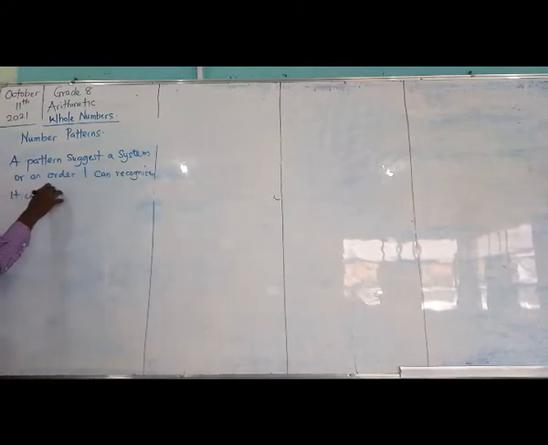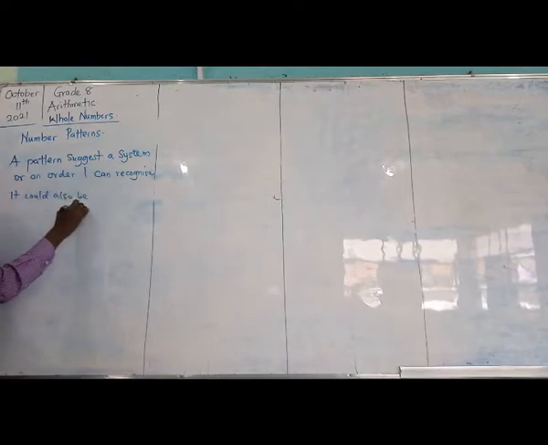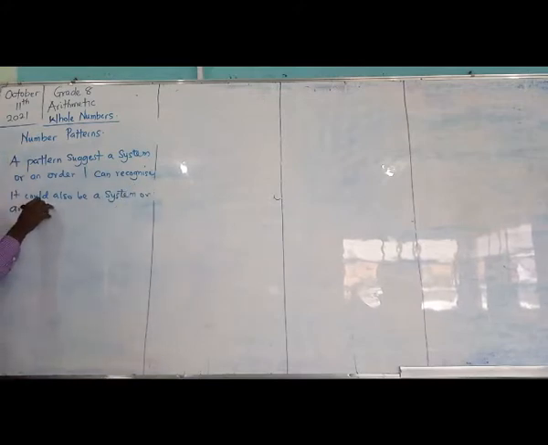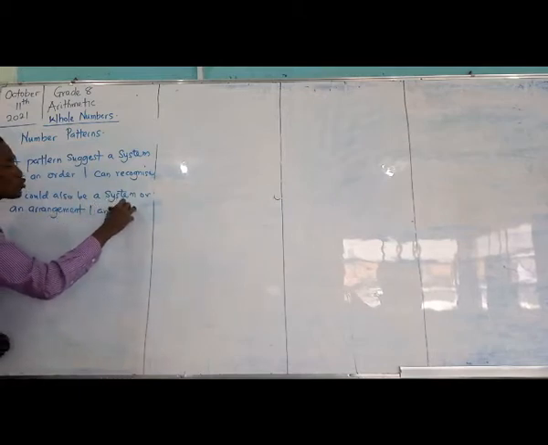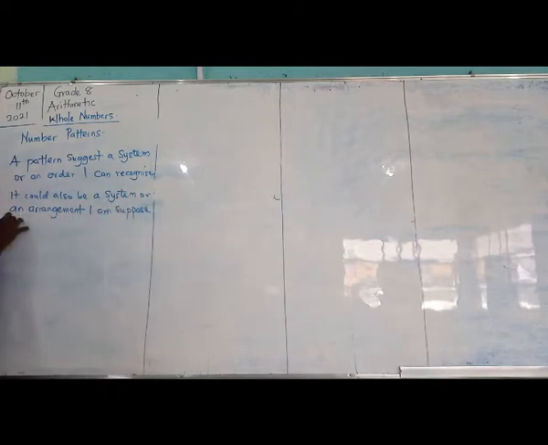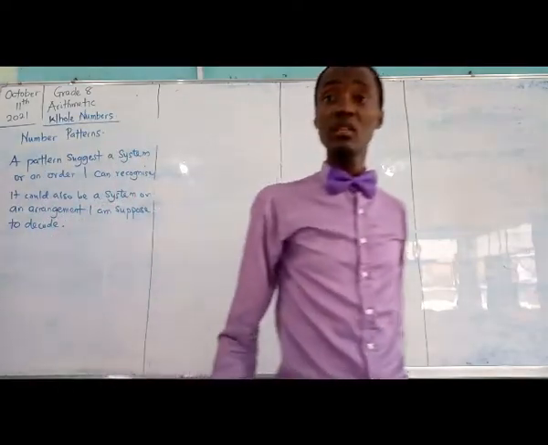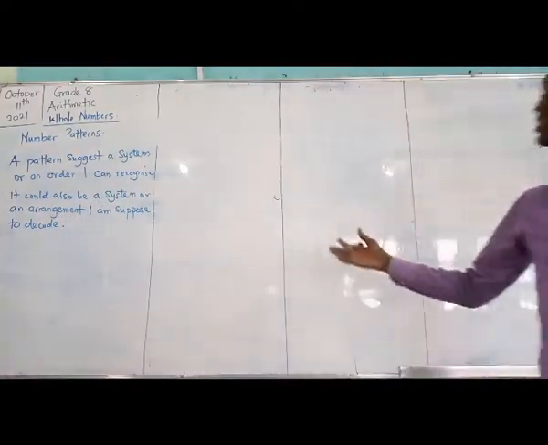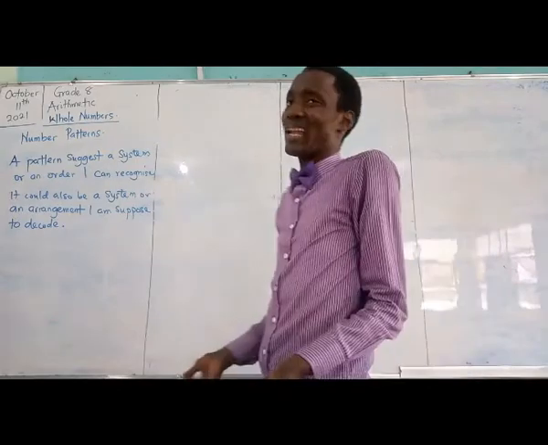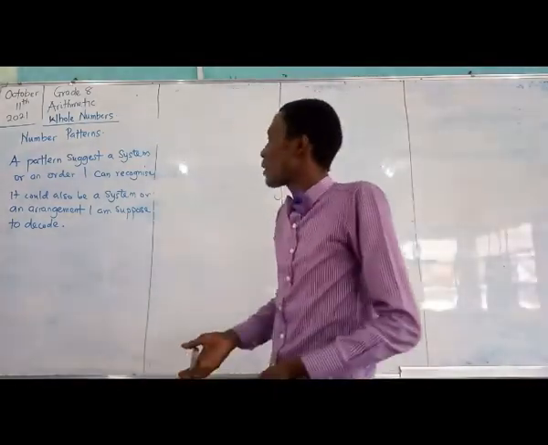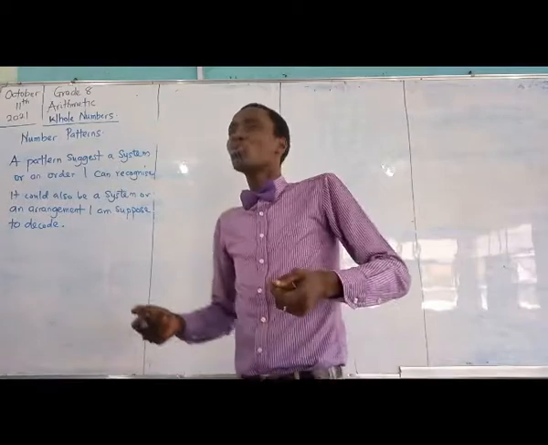It could also be a system or an arrangement I am supposed to decode. So those are the two things a pattern suggests to you. A pattern suggests a system or an order I can recognize. It could also be a system or an arrangement I am supposed to do what?